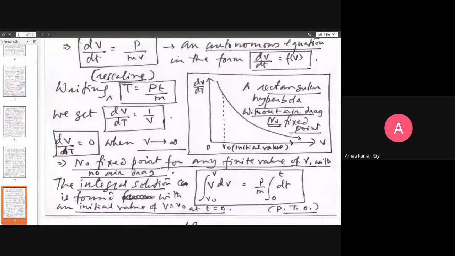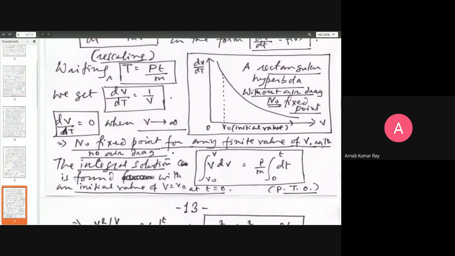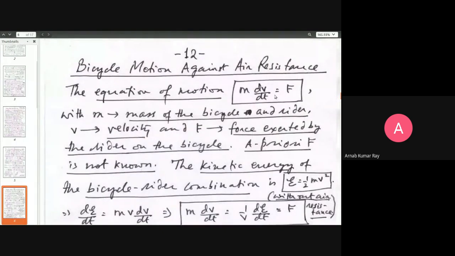Now, if you look at this diagram, you can see that there is no fixed point in this diagram, meaning that at no finite value of v will this function intersect the horizontal axis. So when v goes to infinity, dv/dt is equal to 0. So I have mentioned this statement over here: no fixed point for any finite value of v when there is no air drag. Remember, when you are riding a bicycle, you always also face a resistance, right?